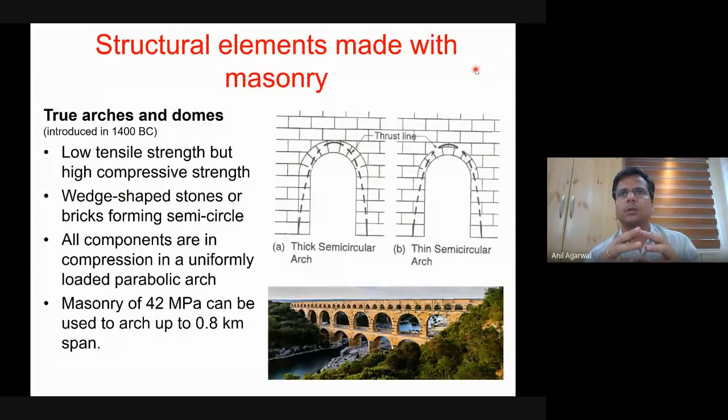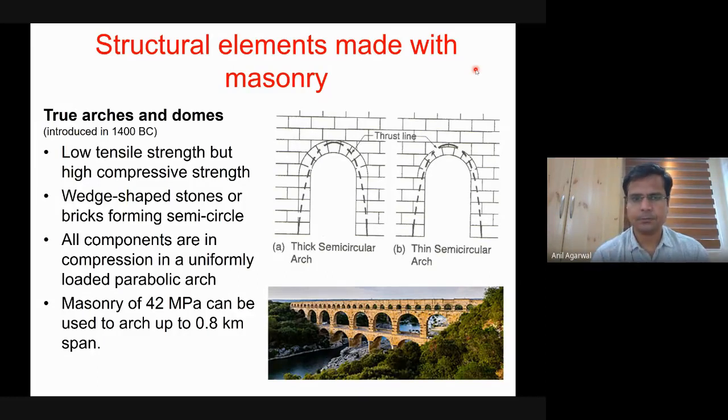When the Arabic, Turkish, Middle Eastern and Central Asian influence started coming into India, we started seeing more and more arches and domes being formed.